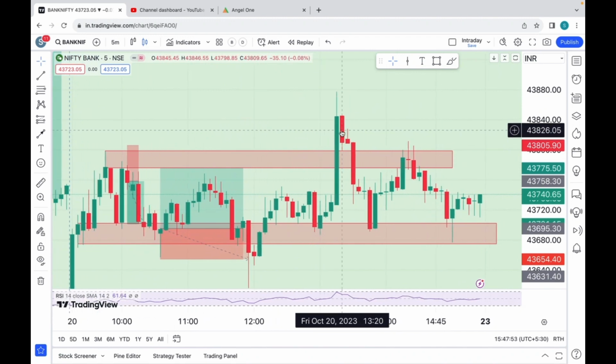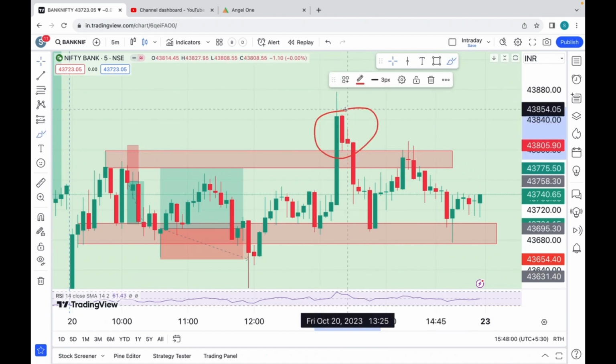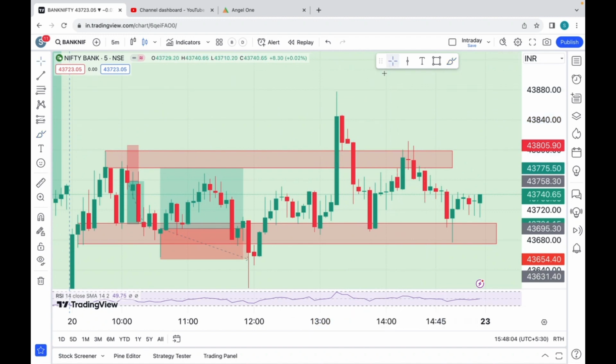We didn't see a proper follow through after this breakout, and I'm talking about this one. We didn't see any proper breakout here, okay, and hence the following candle is a bearish candle, and this is also a kind of inside candle, okay, and the next candle is also kind of bearish candle, and the candle after that at 130 has closed well below this resistance area.